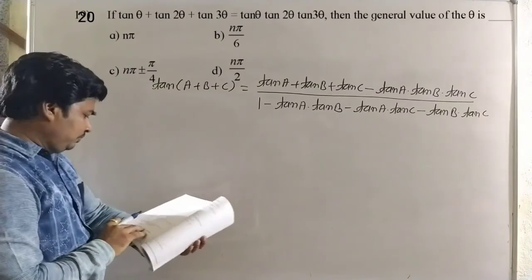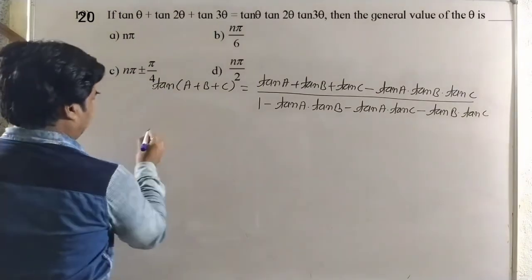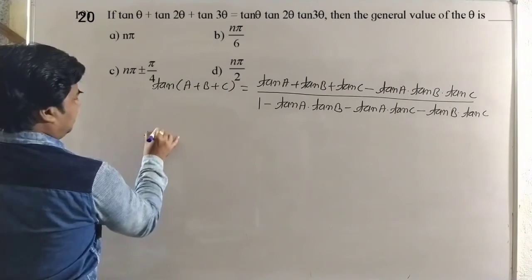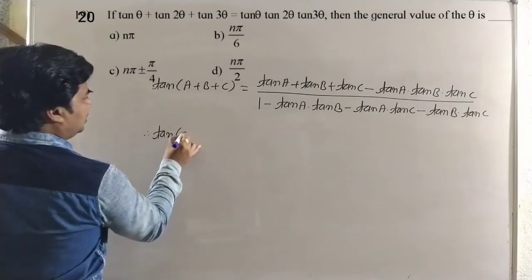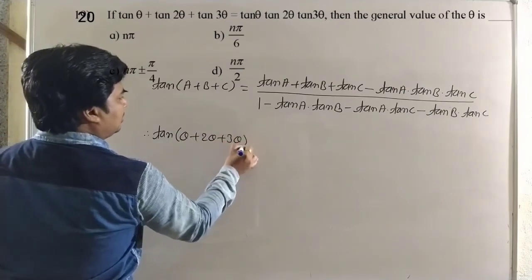Now in the given question, the three angles are theta, 2 theta and 3 theta. Therefore we write tan (theta plus 2 theta plus 3 theta).